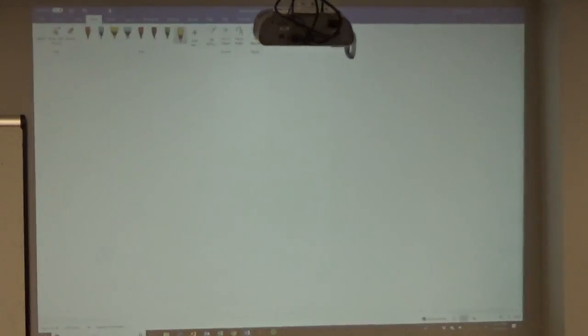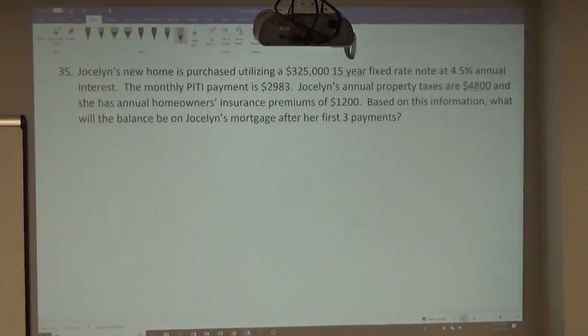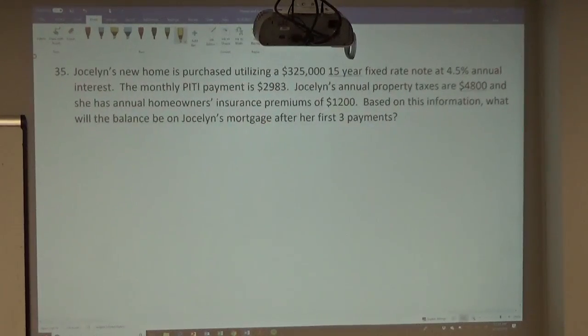Number 35 is the same thing, except number 35 wants us to go even further. It wants us to go 3 payments. So I'm just going to start here. Payment number 1. All right, here's what I know. Jocelyn's home was purchased utilizing a $325,000 15-year fixed rate note at 4.5% annual interest.